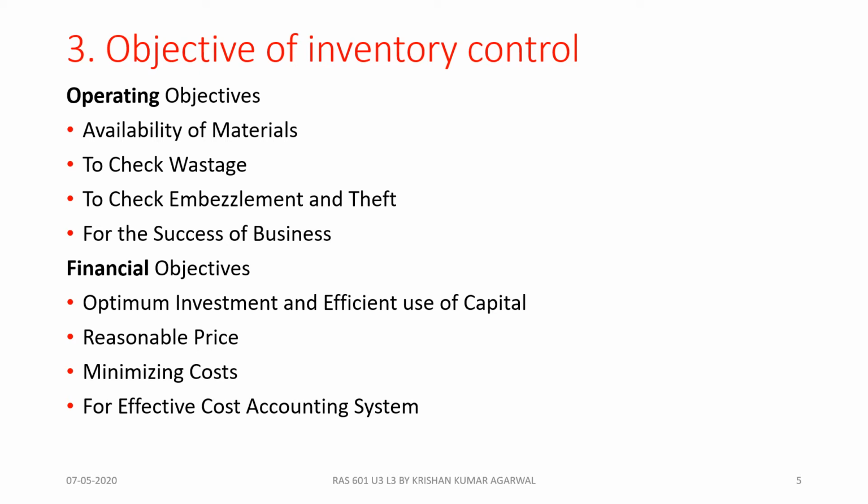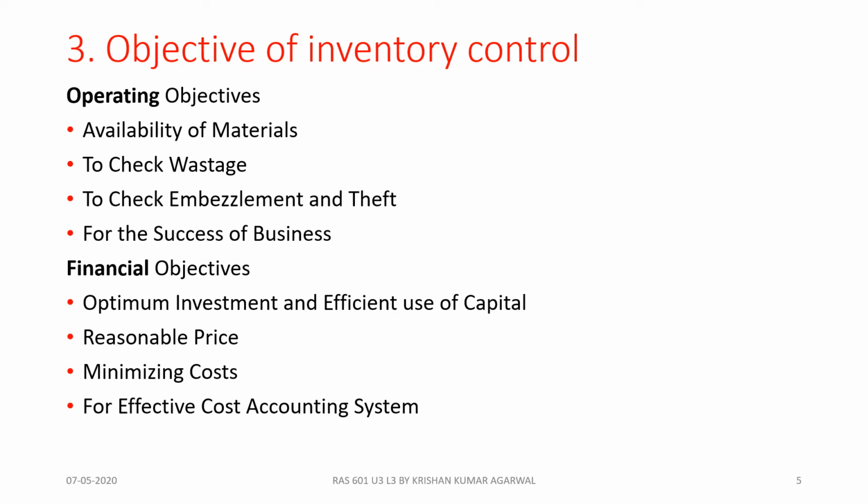Another operating objective is, if one has inventory, then they have to check in relation to embezzlement and theft of it. At the same time, they have to fulfill the operating objective, as inventory present in adequate amount with the manufacturer is utmost required for the success of business.